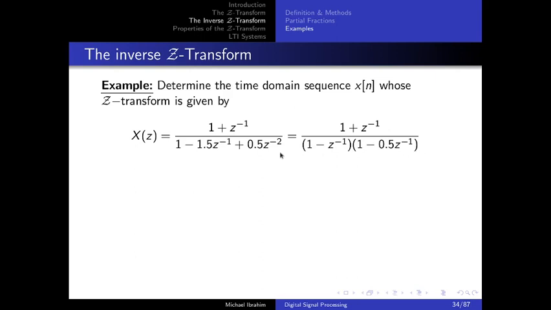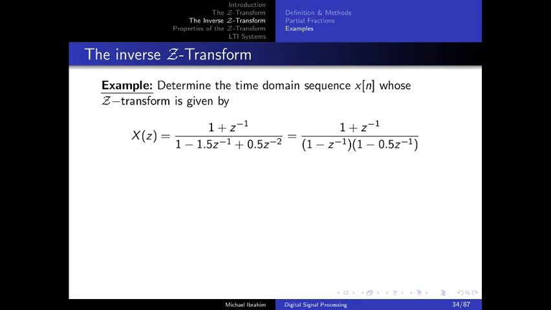Of course, this factorization can be done easily here, but if not, you can use your calculator, or you can use a famous equation for computing the roots of a quadratic equation. This equation takes the form 1 over 2a times minus b plus or minus the square root of b squared minus 4ac. It's a famous equation you have seen in math.